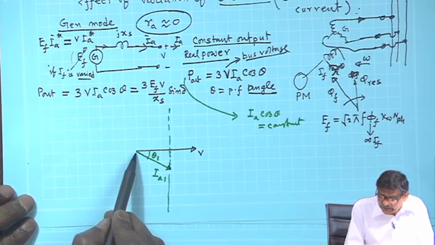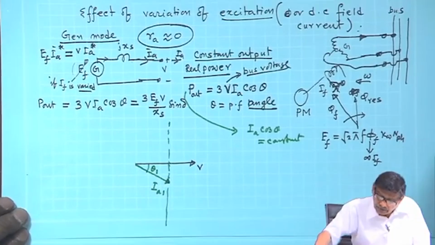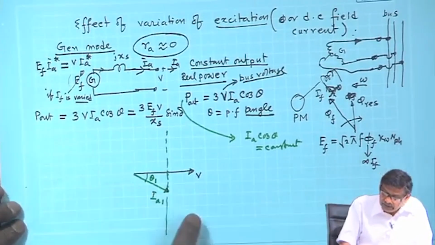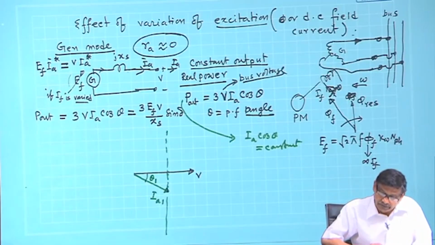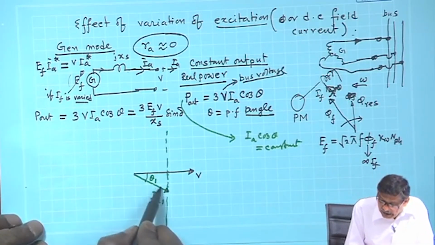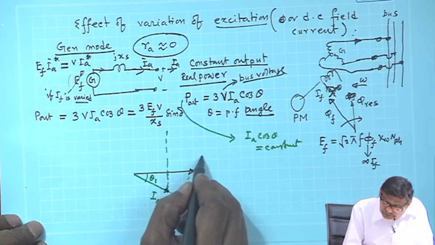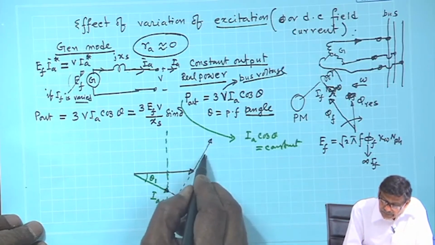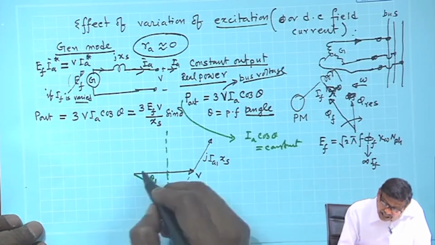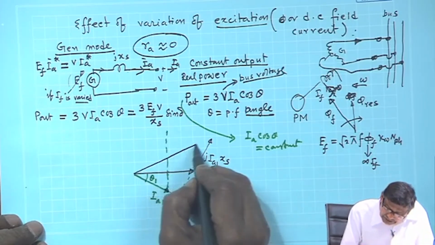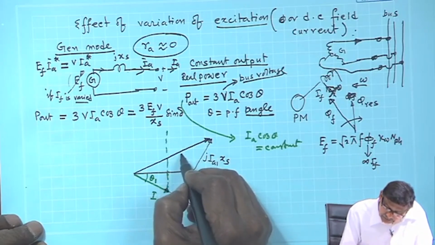The second thing is, at this operating point with some field current I_F1, I now complete the phasor diagram. So, where is your E_F? Suppose I want to find out. E_F will be V plus j I_A X_s, with X_s the synchronous reactance. And this excitation voltage, I say, is E_F1.